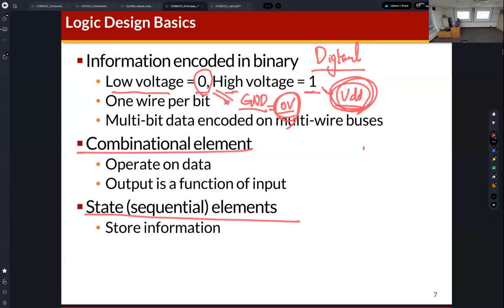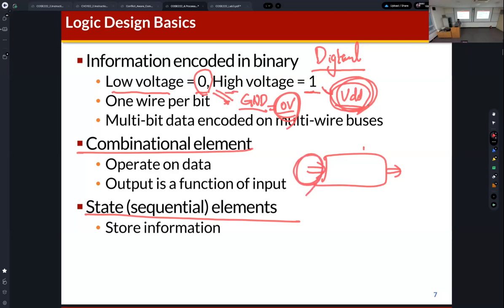So what is a combinational logic or combinational element? Input is given, and the input is also digital. Then output is generated, and the output is only generated by the input signals.